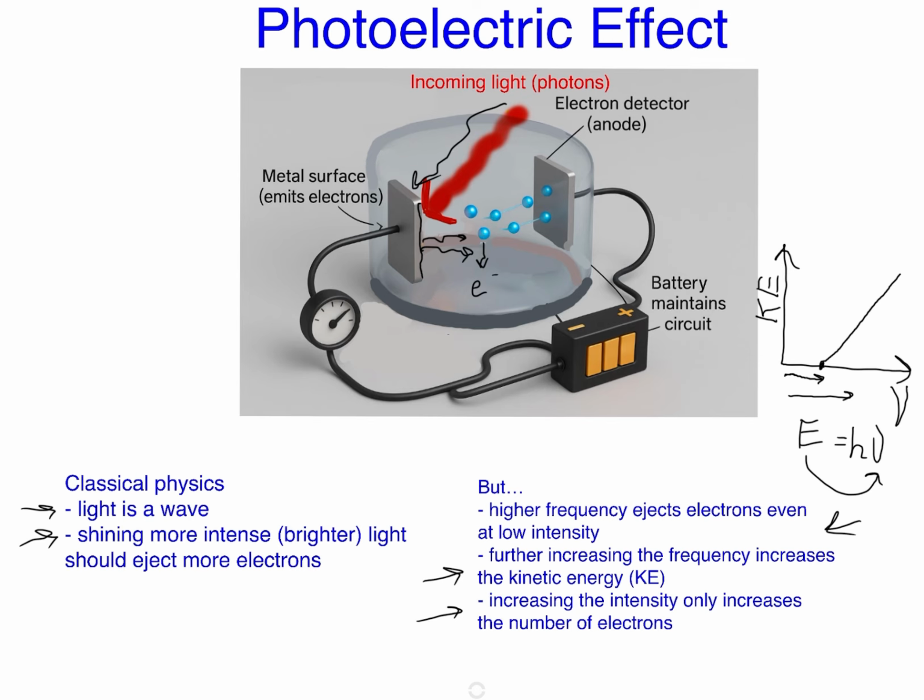If the photon's energy exceeds the work function, the excess energy becomes the kinetic energy of the emitted electrons. That explains why frequency determines whether electrons are ejected, while intensity controls only the number of electrons emitted. More photons means more electrons, but not more energy per electron.